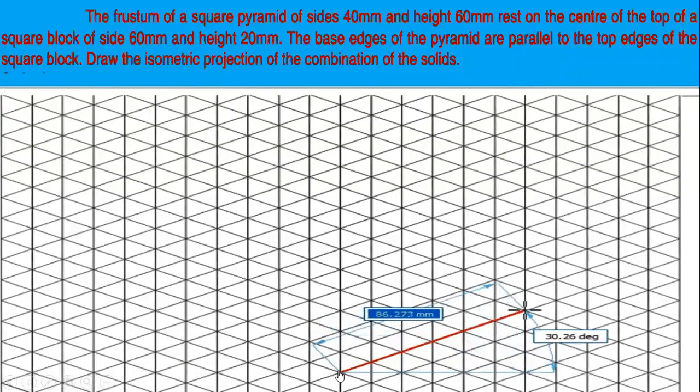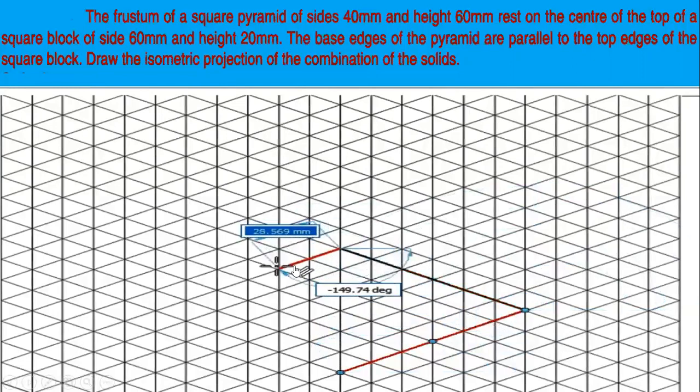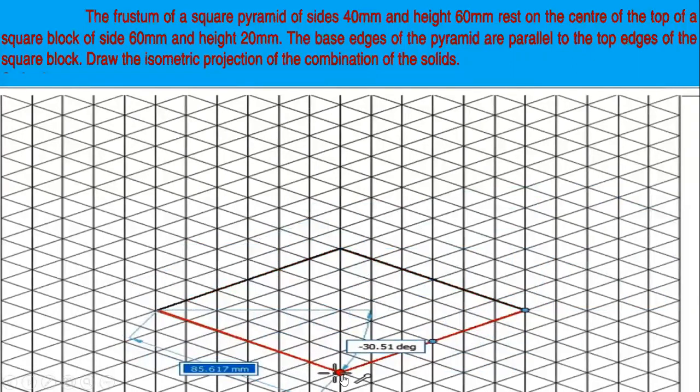From any one of the points, count 6 boxes towards your right, count 6 boxes towards your left, again 6 boxes towards the 30-degree inclination line in a downward direction and 6 boxes towards your left.